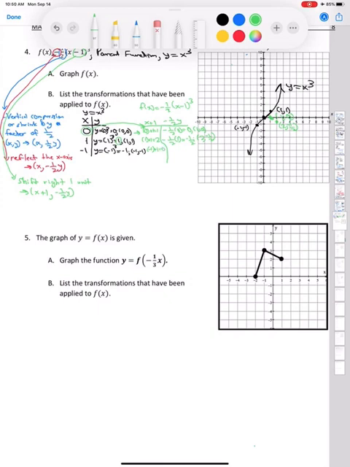And then our y coordinate. Well, our y coordinate was negative 1, so we got negative 1/2 of negative 1, which is positive 1/2. So our new point will be the point 0, 1/2. So let's plot 0, 1/2. So 0.5 right here on the y-axis, our y-intercept point for our graph. We can plot that in here.